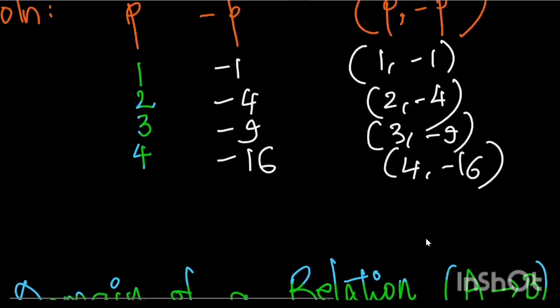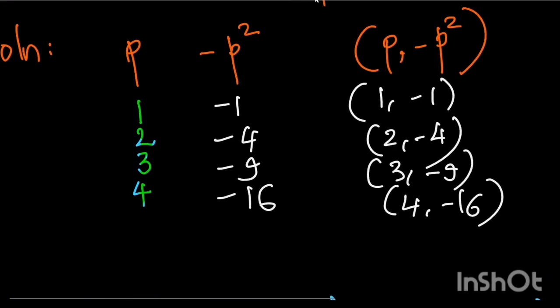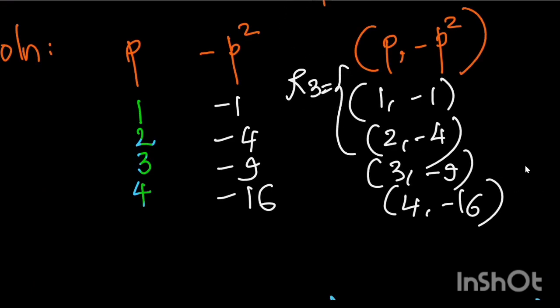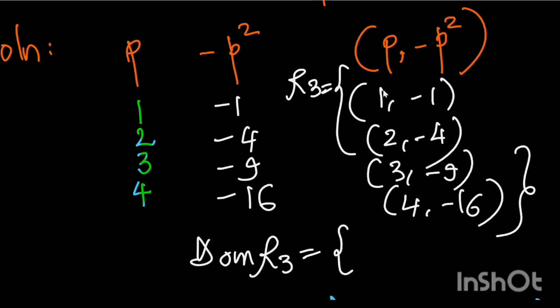If I ask you the domain of R3 defined like this, the domain is the first value set, which is 1, 2, 3, 4.